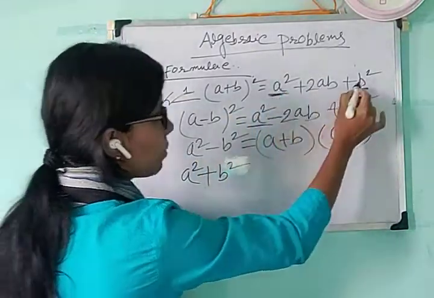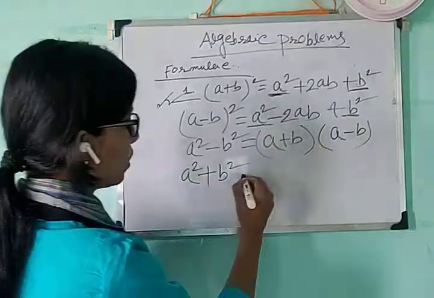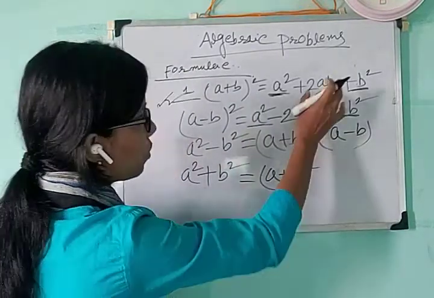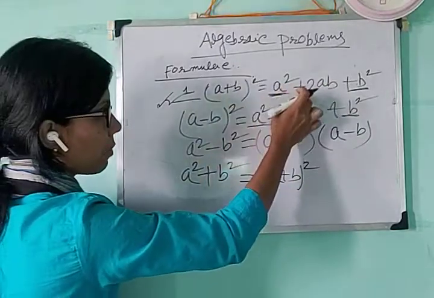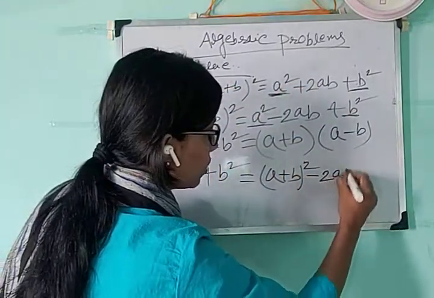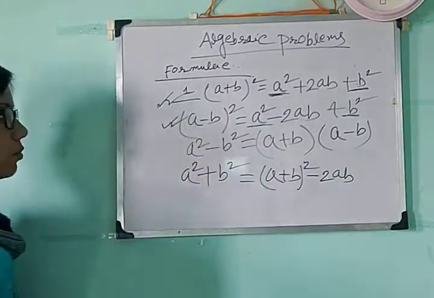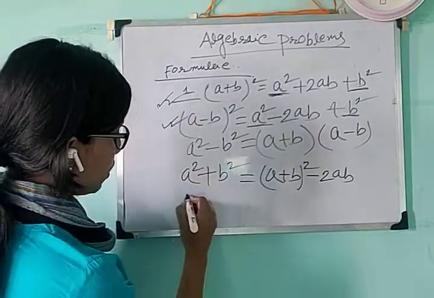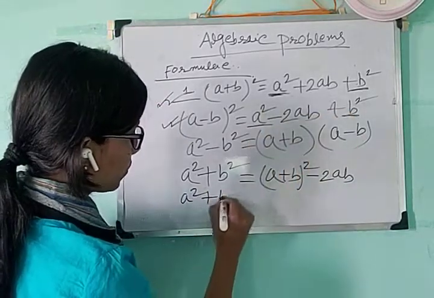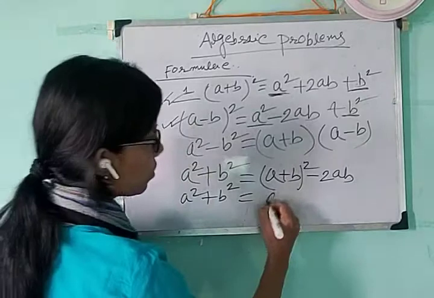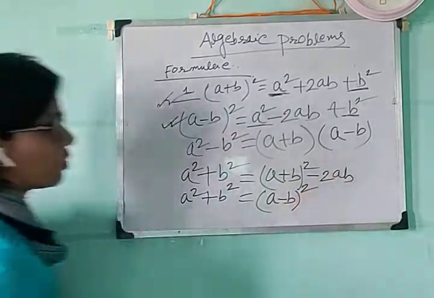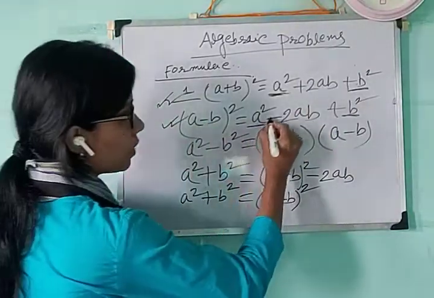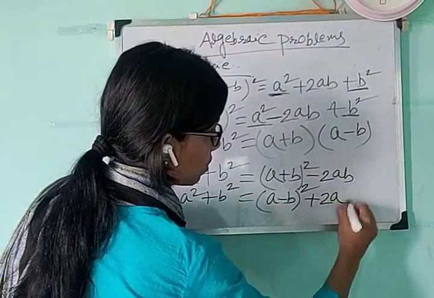Combining a square plus b square, it becomes a plus b whole square, and we put the 2ab part to the left hand side, so the plus becomes minus 2ab. Similarly, a square plus b square is a minus b whole square, and we put the 2ab part to the left hand side, and this minus becomes plus 2ab.